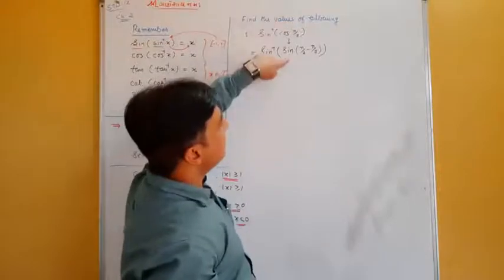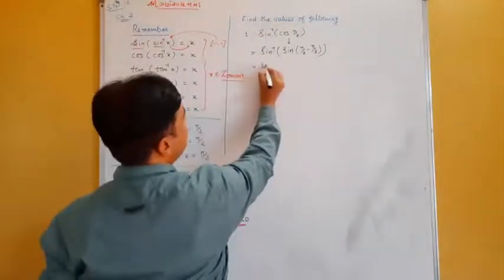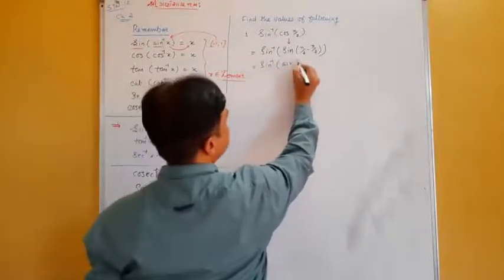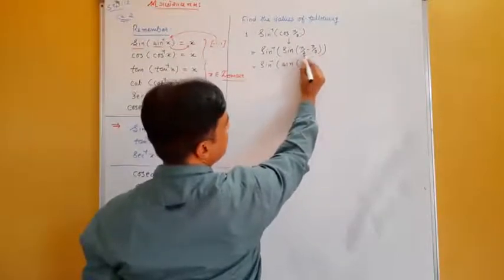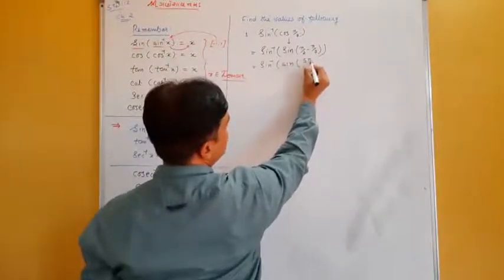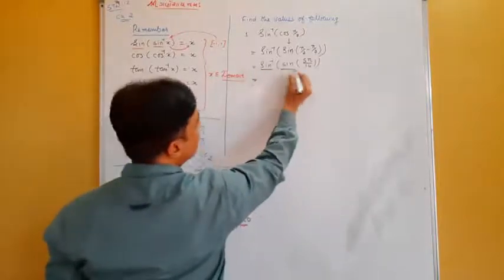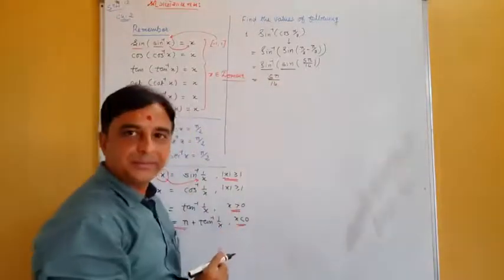Then cos is converted into sin. Pi by 2 minus pi by 7 is 5 pi by 14. Now these both cancel and the answer is 5 pi by 14.